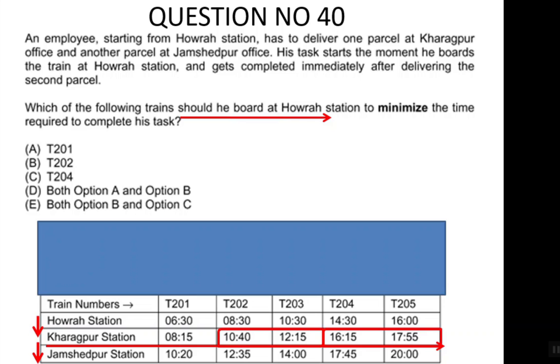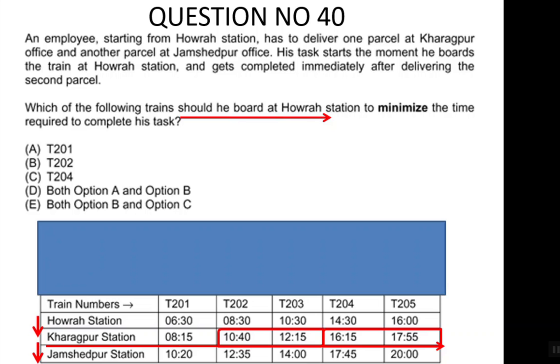Also, the observation is, if he starts from Howrah station from train T202, later on at Kharagpur, he takes train T203, then he reaches Jamshedpur by 2 o'clock.